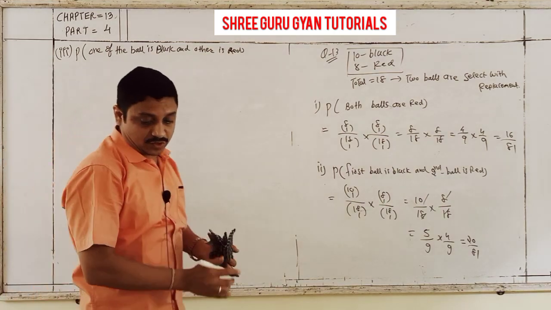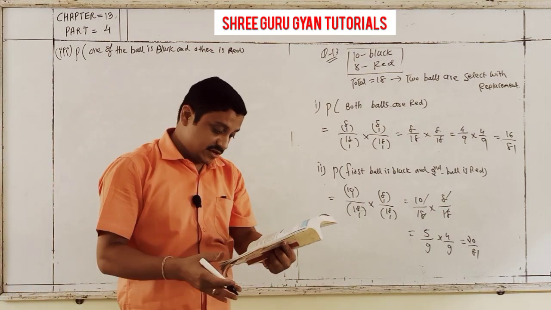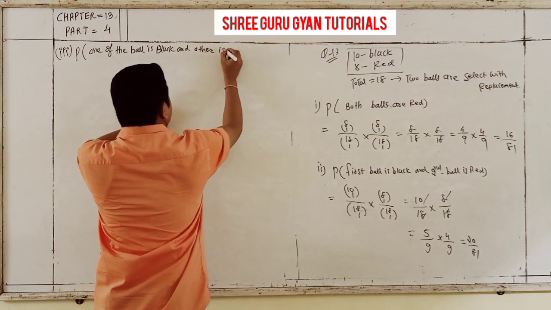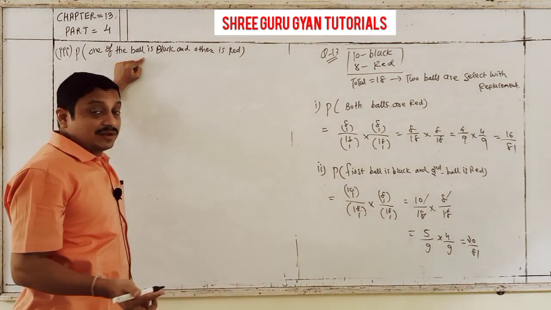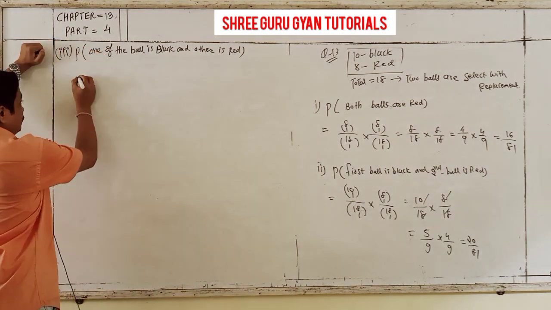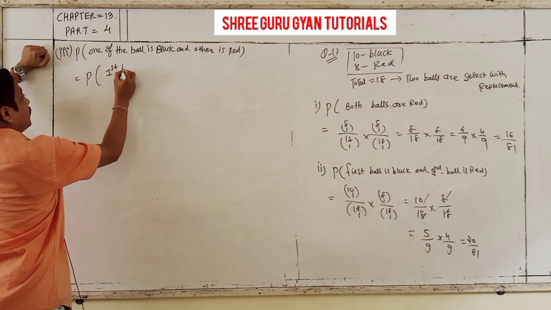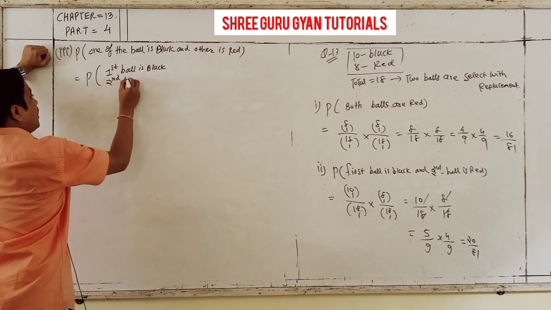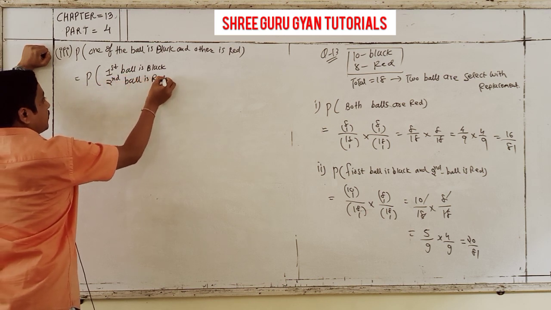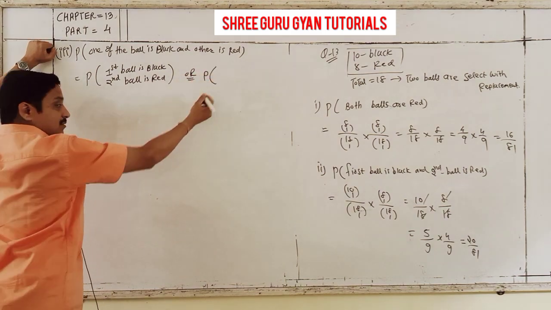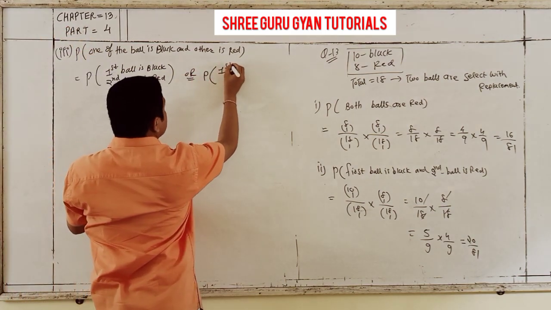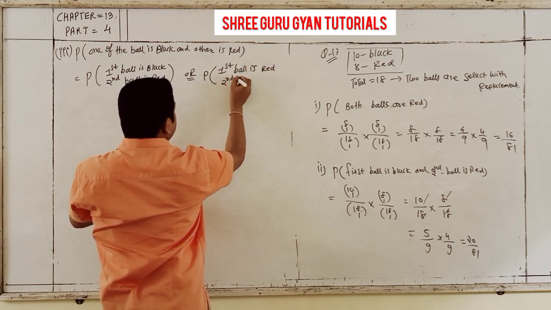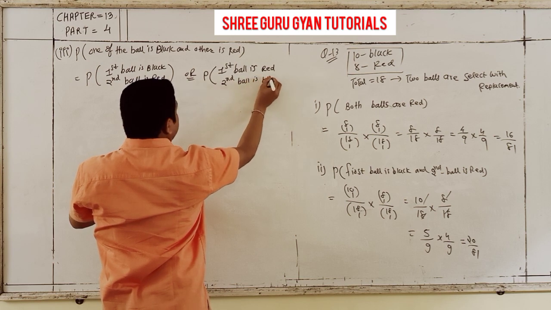One of them given means first or second is not specified, so I will ask that the first ball is black, second ball is red. Otherwise, change it: first ball is red but second ball is black.